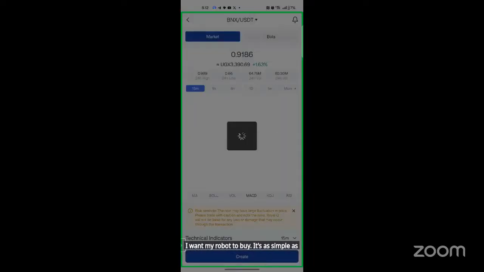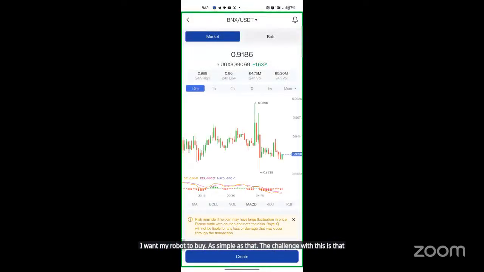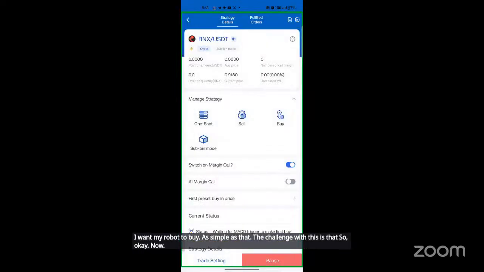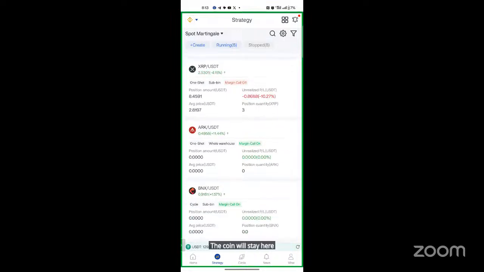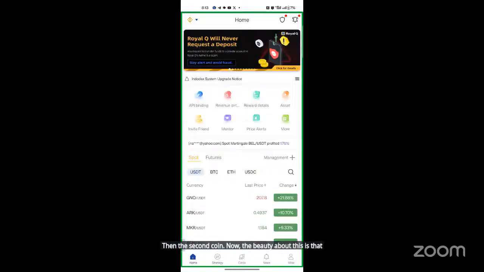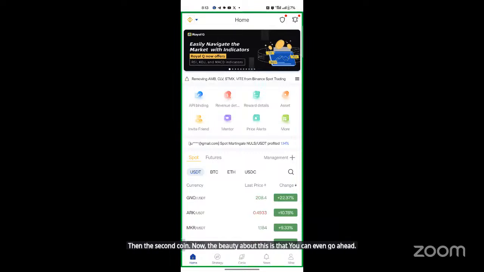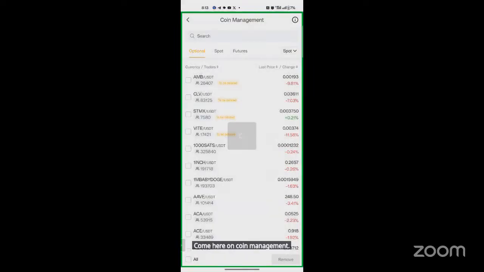The challenge with this is that, okay. Now, the coin will stay here like this. Then the second coin. Now, the beauty about this is that you can even go ahead, come here on coin management, and remove all other coins that are not of your interest and only stay with those that are of your interest.